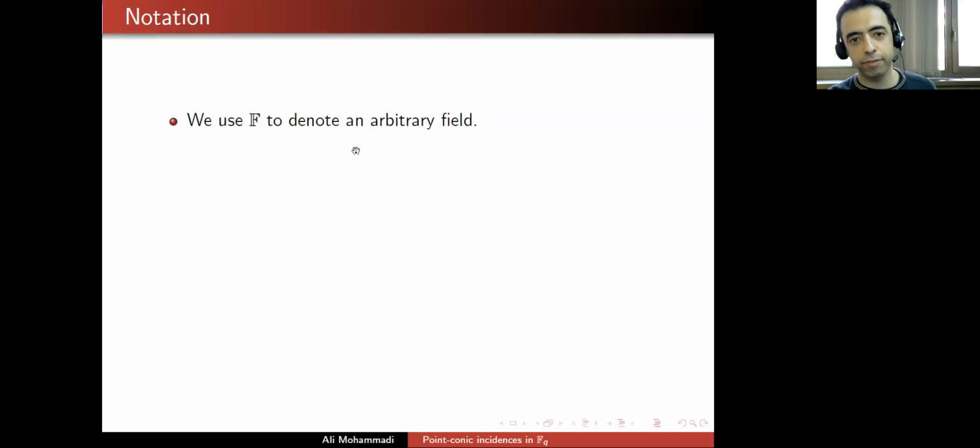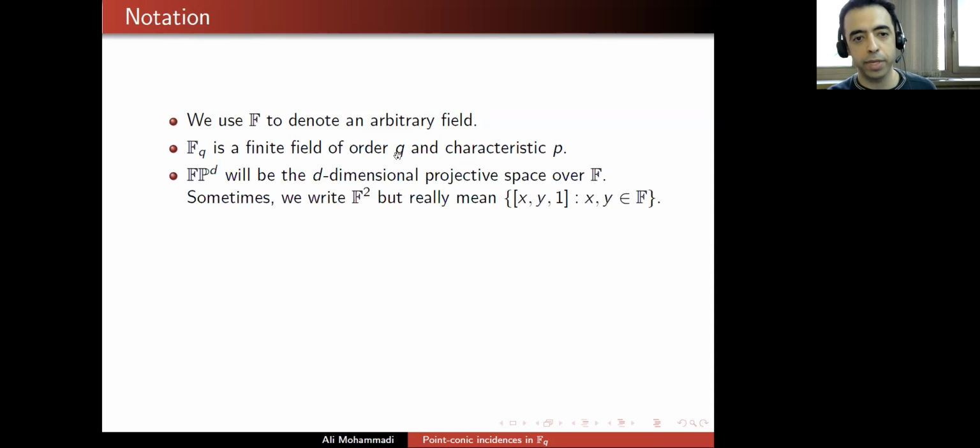So we use F to be an arbitrary field, F_q a finite field of order q and characteristic p. So q is a power of p. Let FP^d be the d-dimensional projective space over F. And sometimes we interchangeably switch between FP^2 and just this restriction to the two-dimensional projective space.